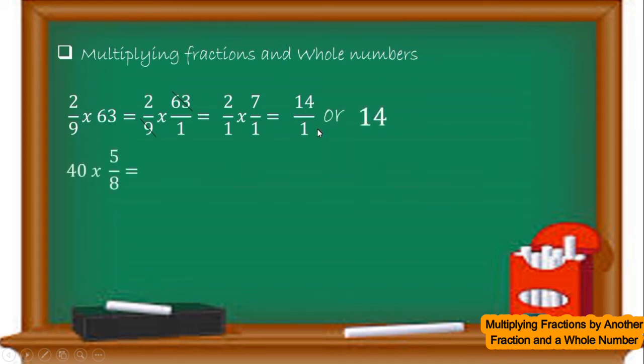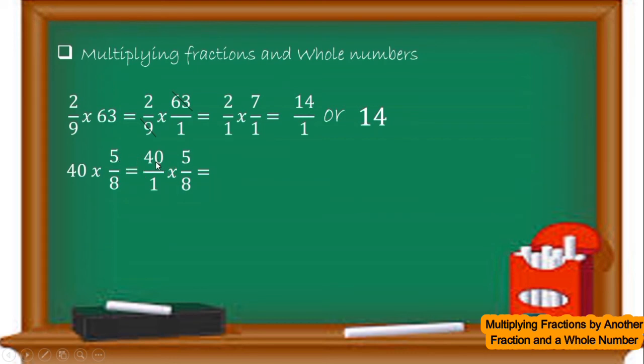Another example. 40 times 5 over 8. Let's make this whole number a fraction. 40 over 1 times 5 over 8. And 40 and 8 have a greatest common factor. Let's use the cancellation method. 8 is our greatest common factor of 40 and 8.